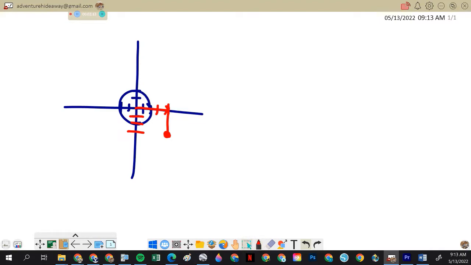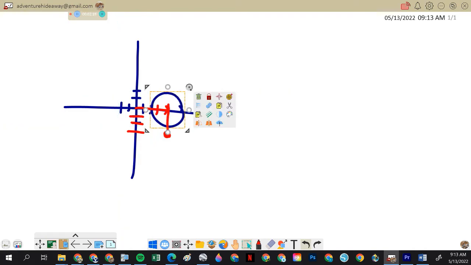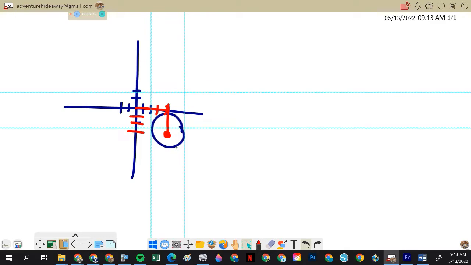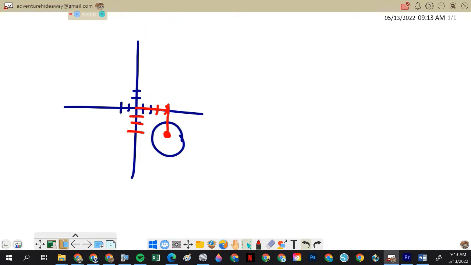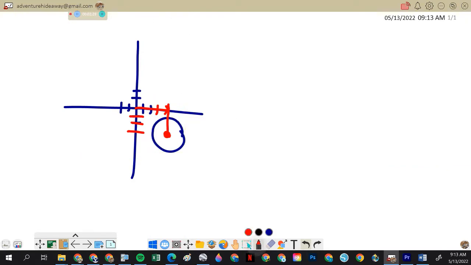So I'm going to take this exact same circle. I'm going to move it 1, 2, 3, 4 units to the right, and then I'm going to move it 1, 2, 3 units down. So now the center is 4, -3, but the radius is still 2.